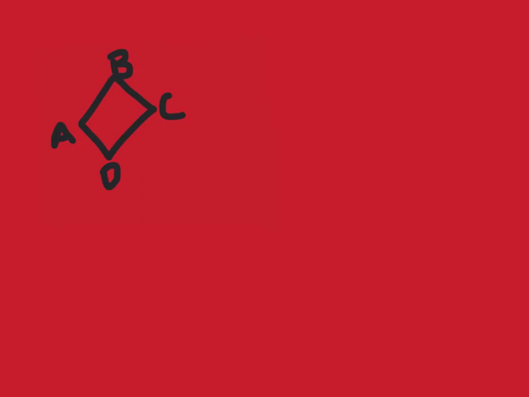So we have a figure ABCD. Now if we draw a line and say we want to reflect the figure over this line, it's going to be a mirror image. So it will look somewhat like this.